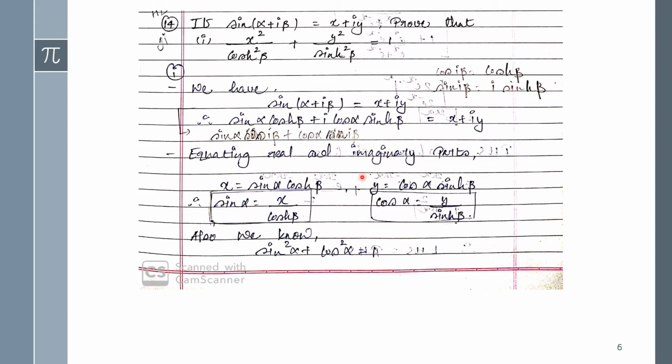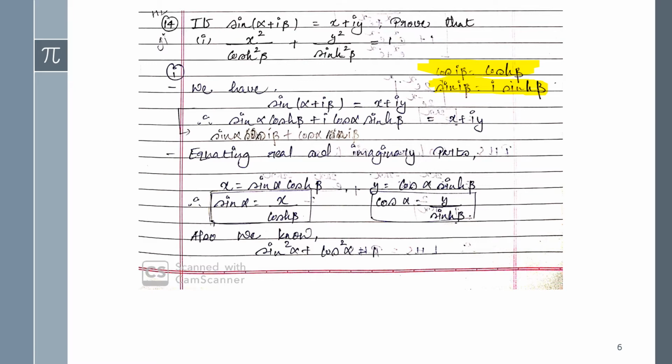See, here I have written two formulas of the circular and hyperbolic functions. It gives the actual relation between hyperbolic and circular functions, and this formula we have already applied in an earlier example, I think the fifth or sixth example. I have also written this as a note.